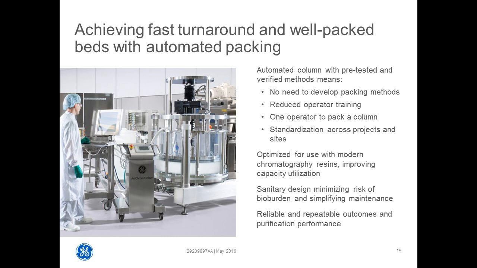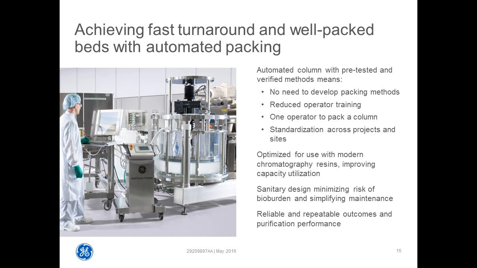They also come with pre-tested and pre-verified methods, especially if these are intelligent columns. Right? The upshot of that is that there's no need to develop new packing methods. There is a reduced burden on operator training. A lot of the time just a single operator is enough to be able to pack a column. And from a sanitary perspective, there is a significantly reduced risk of bioburden, and the maintenance operations are also simplified.